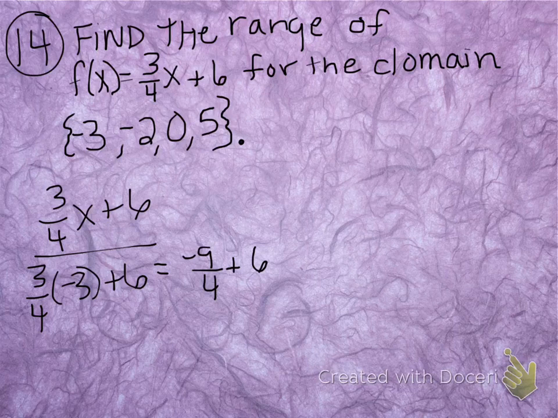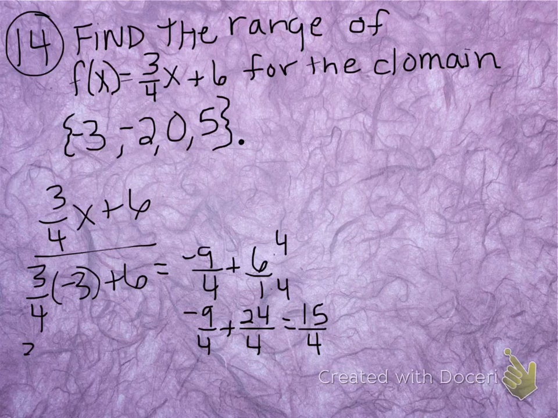Well, 6 changes to, if we want to make it a denominator of 4, we have to multiply both of these by 4. So this changes to -9/4 plus 24/4, which gives me 15/4.